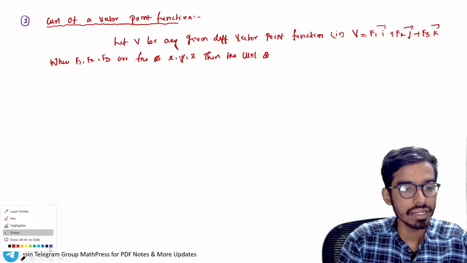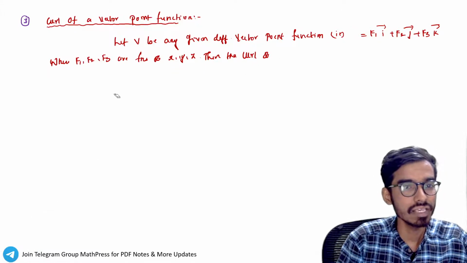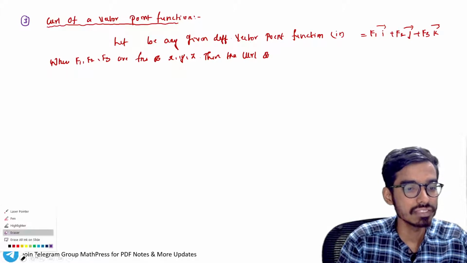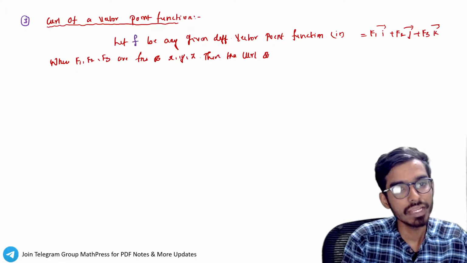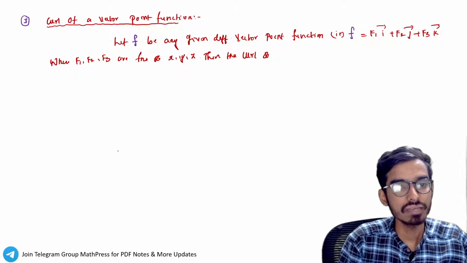This is just a variable, so instead of b I'll write f, because I already used b for divergence. So let f be any given differentiable vector point function, and let us take f to be f1 i plus f2 j plus f3 k.